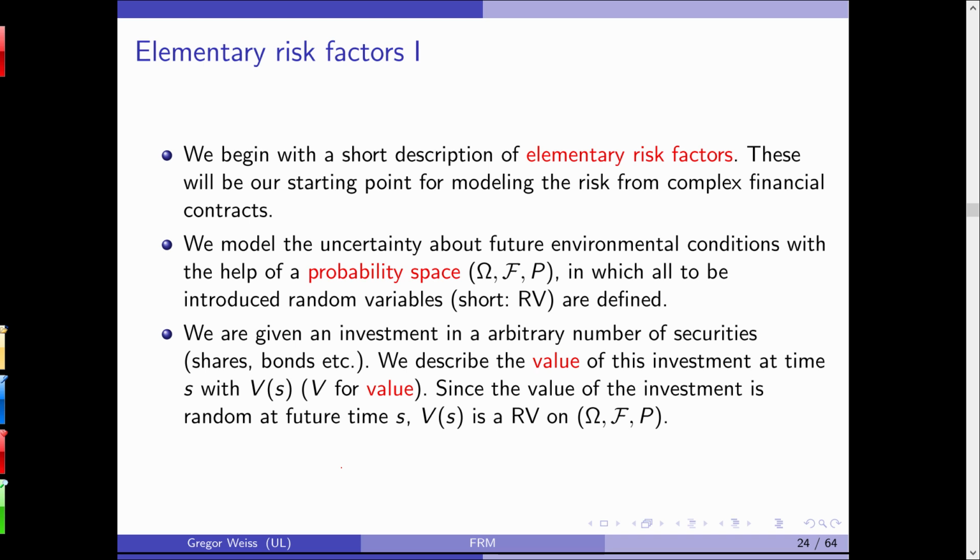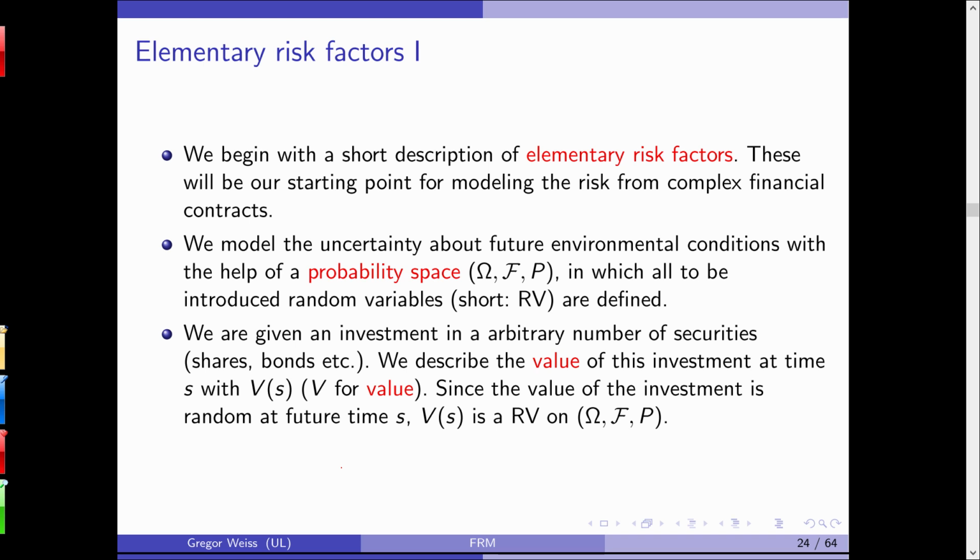Well, we need some basic background in probability theory. Because this is, I think, quite interesting to see when you pick up a book on risk management that is written for math students and for statistics. Now, what is a risk factor? An elementary and basic risk factor is nothing else than a random variable.